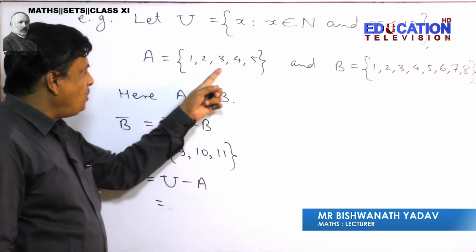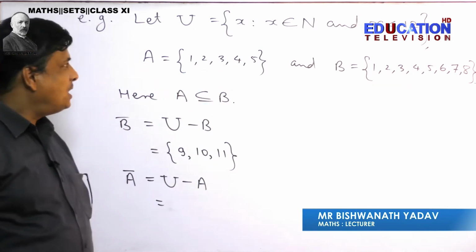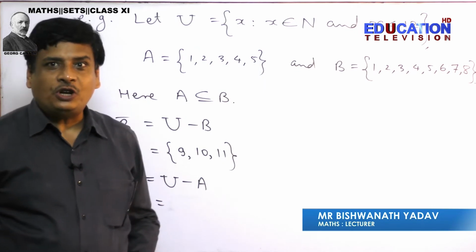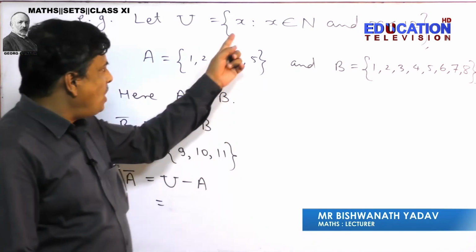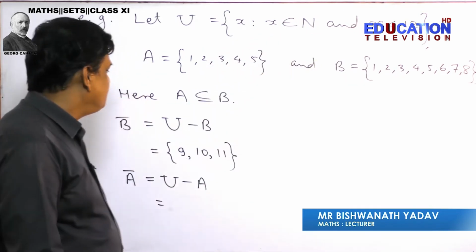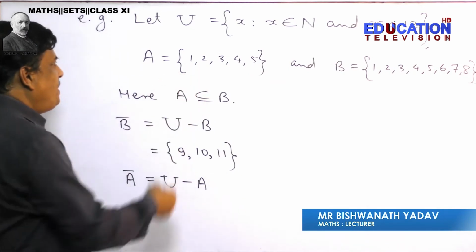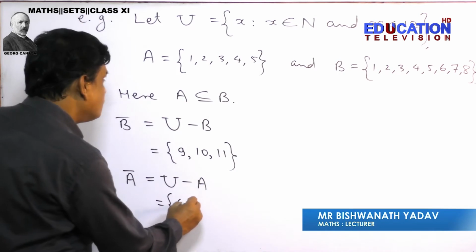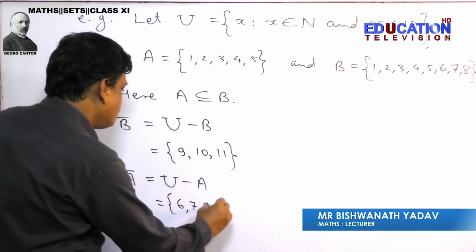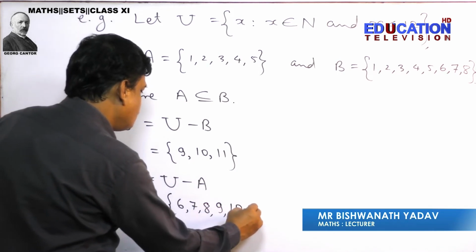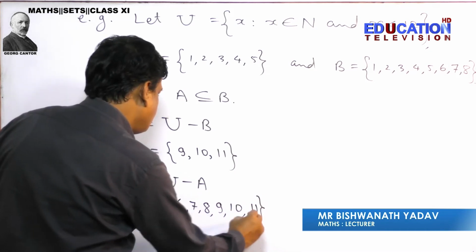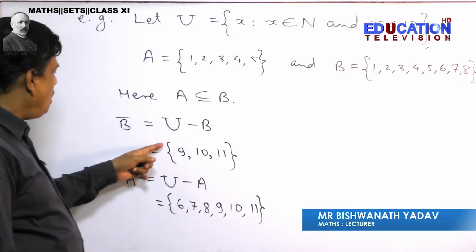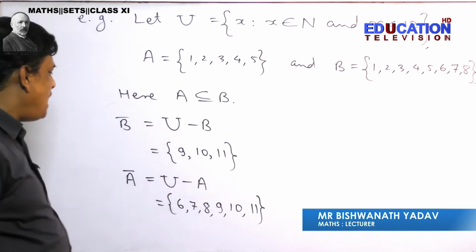Elements of A are 1, 2, 3, 4, 5 and elements of the universal set, natural numbers less than 12, means from 1 to 11. So exclude the elements of set A. So what we observe, all the elements of B complement are in A complement.